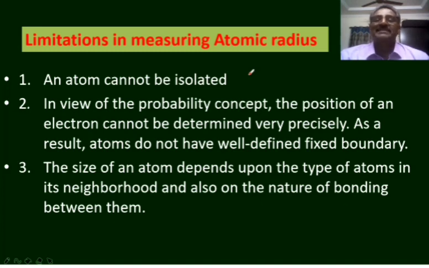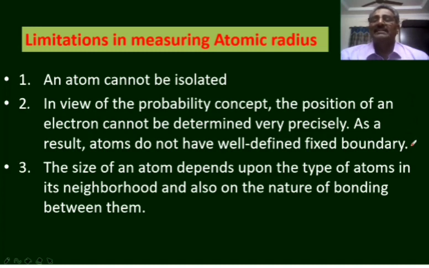Sometimes at some instants it comes close to the nucleus, and in some other instances it moves away from the nucleus. That is, the distance of the electron from the nucleus is not constant. Moreover, according to the uncertainty principle, the position of an electron cannot be determined very precisely. That means there is no well-defined fixed boundary for the electron cloud.